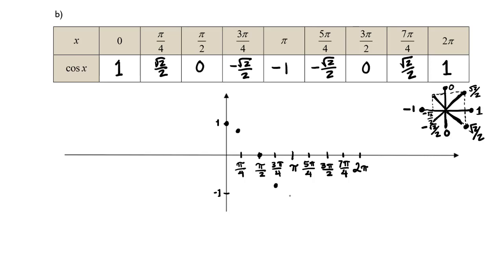At pi, I'm at negative 1. 5 pi over 4, I'm at negative 0.7 again. 3 pi over 2 gives me 0. 7 pi over 4 gives me positive 0.7. And 2 pi gives me 1.